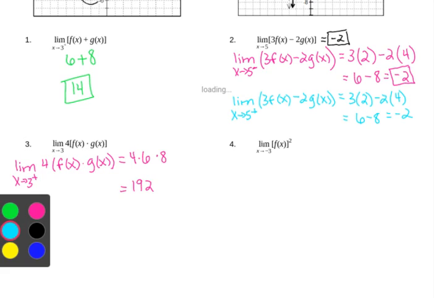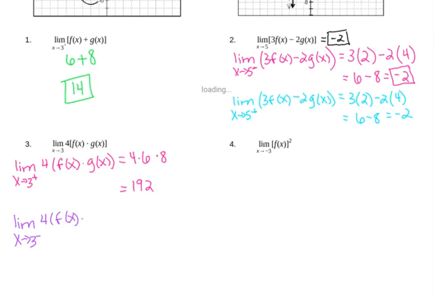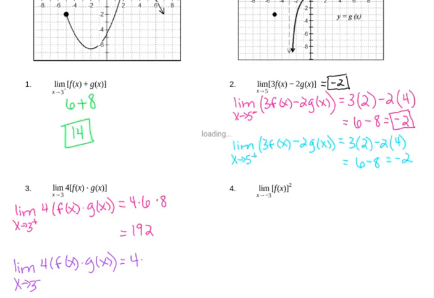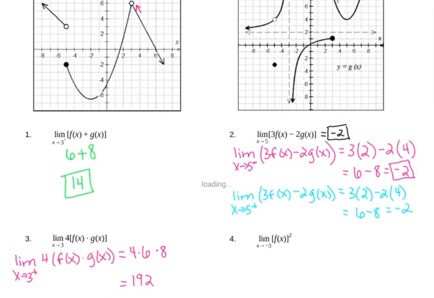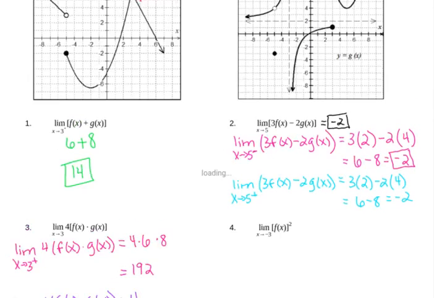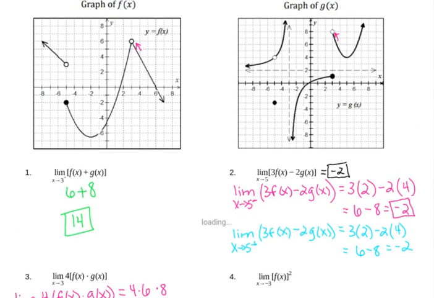Now let's go ahead and look at our limit as x approaches 3 from the left of 4 times f of x times g of x. So again, we can take the 4 and then we can just look at our left limit on both graphs. So the left of 3 for f of x means we're going to be approaching 6.